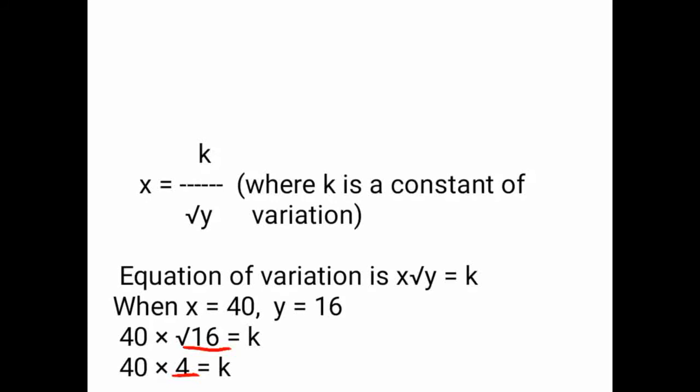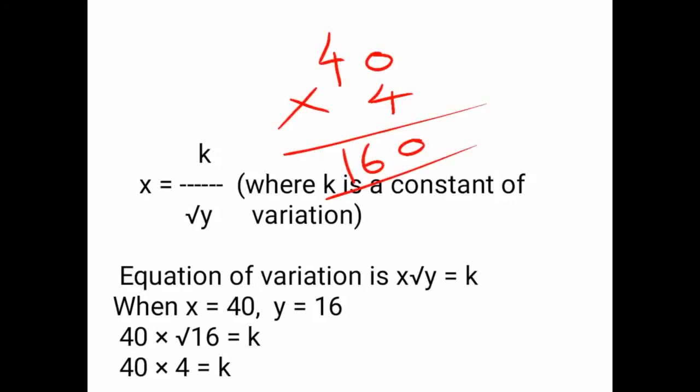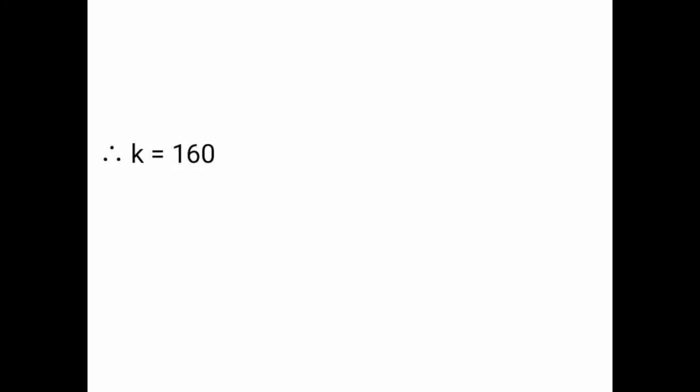When you are finding the square root, one time you have to write the number. So square root of 16 is 4. Now multiply this, 40 into 4. I have multiplied here 40 into 4. I am getting the answer 160. Therefore, k is equal to 160.